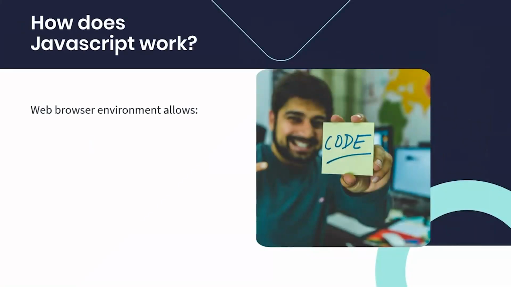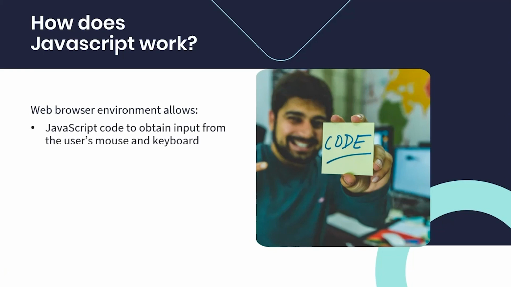A web browser was the original host environment for any JavaScript code, and it's still the most common execution environment. The web browser environment allows JavaScript code to obtain input from the user's mouse and keyboard by making HTTP requests. For those that don't know, that's Hypertext Transfer Protocol Requests, HTTP.